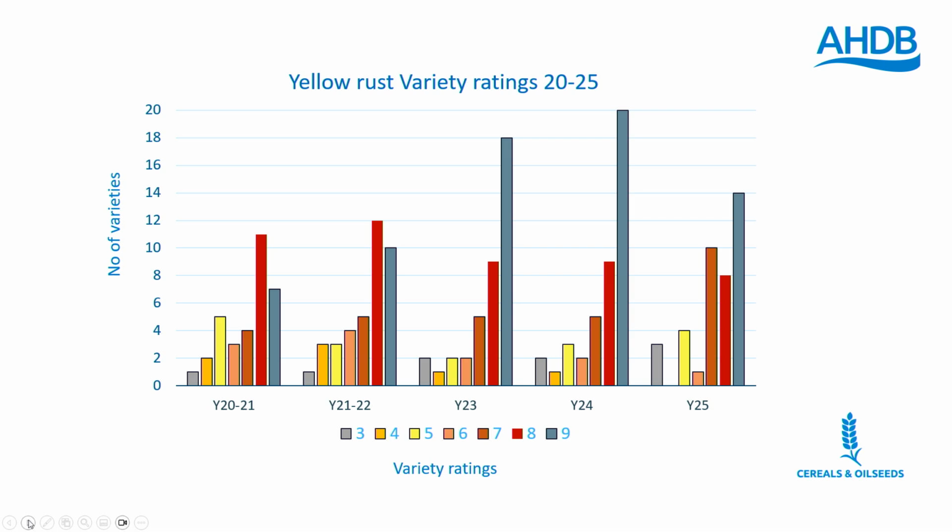I think the most important thing is showing that the breeders have been doing a very good job here in terms of yellow rust, in that most of the varieties are moving towards the right-hand side, which are the higher resistance scores. So good progress is being made on that front. Of course, these resistances can still be compromised by the emergence of new races of the pathogen. So it's an ongoing business of keeping up with the epidemics.